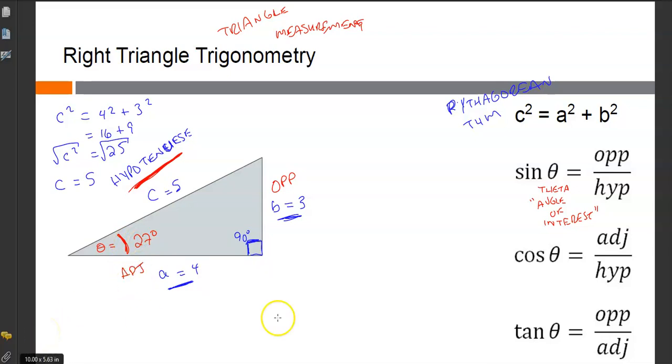Okay? So these trig functions, the sine of the angle is equal to the opposite over the hypotenuse, simply means that here's my angle, and if I take the length of this side and divide by the length of this side, that would be 3 over 5.